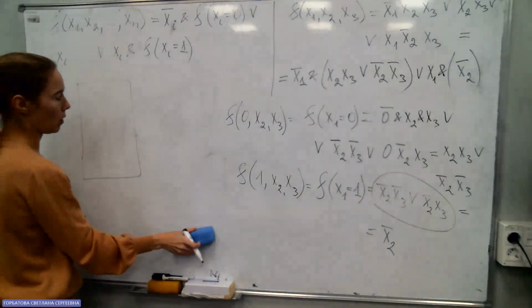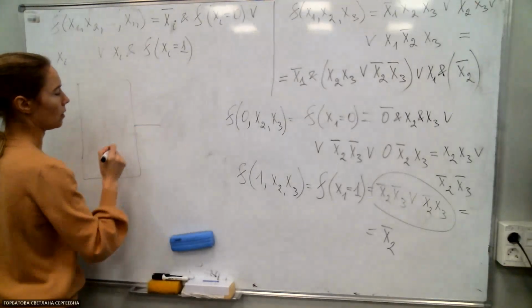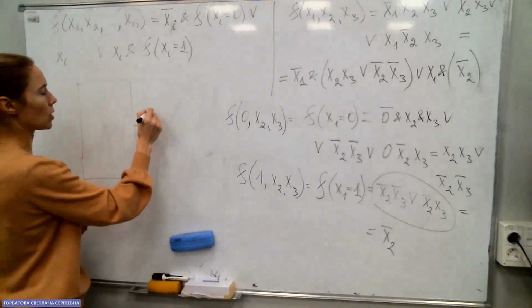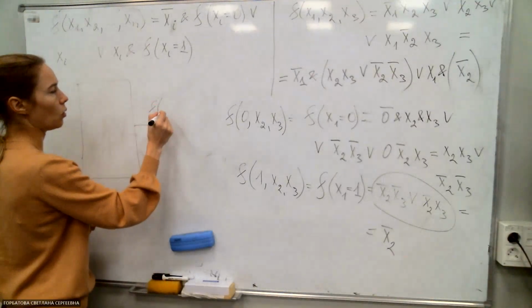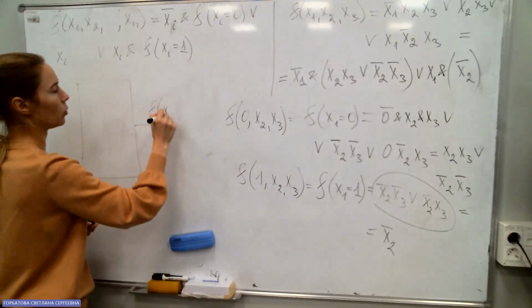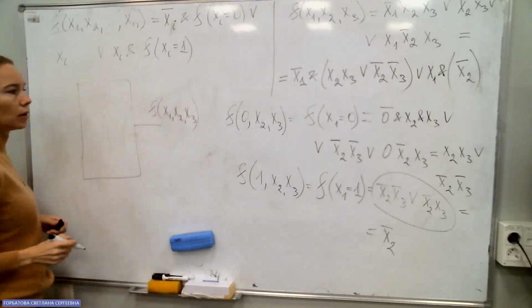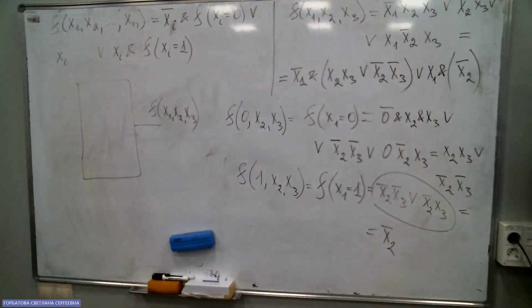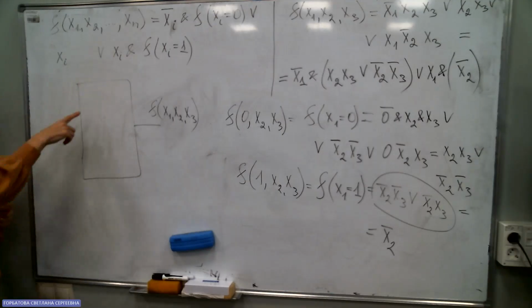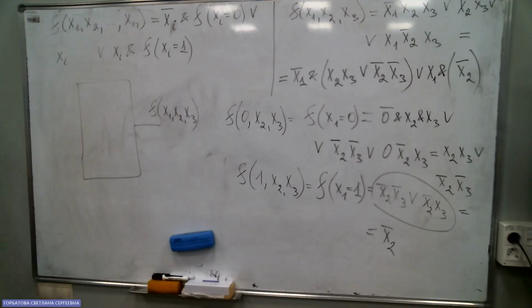So this is the output. It is our f of three variables: x1, x2, x3. What will be inside?